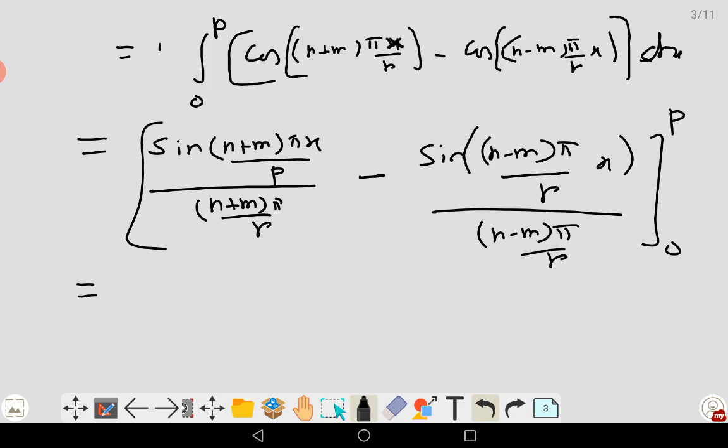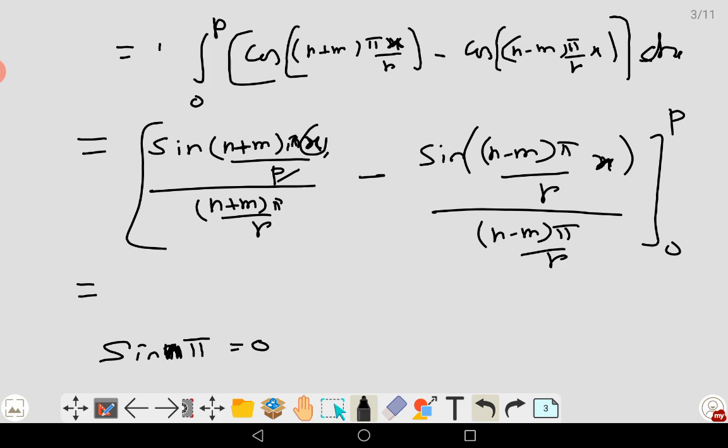So you are going to substitute x as p. When you substitute x as p, this p and p will be cancelled, sin (n plus m) times pi. Since n and m are integers, sin of n times pi will always be 0 when n is an integer.